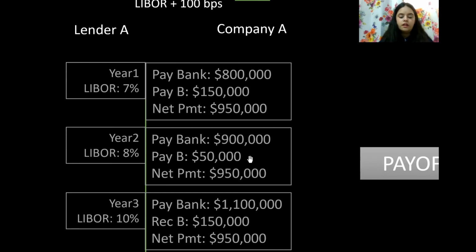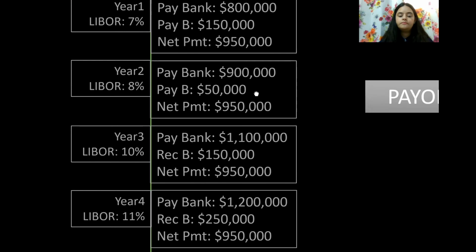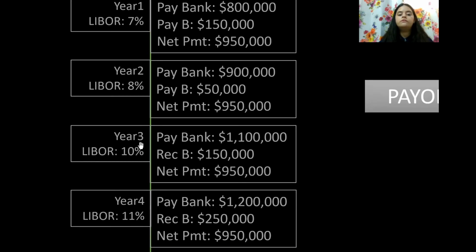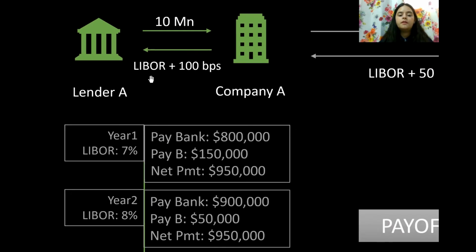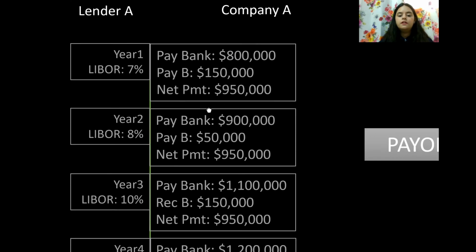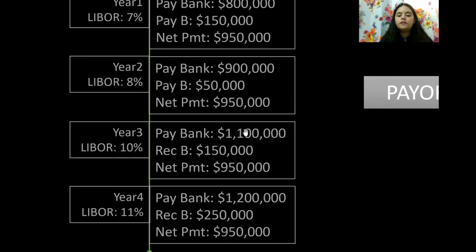If you look here, in year three, the rates have gone further up to 10%. So company A pays the bank 10 plus 1, 11%, which is $1,100,000, 11% of 10 million.